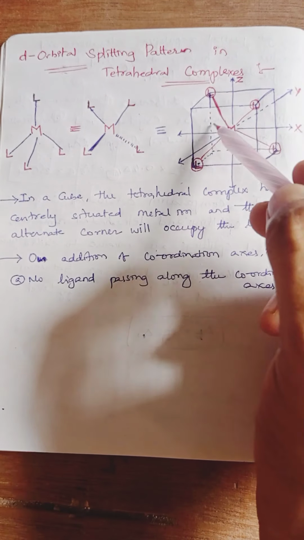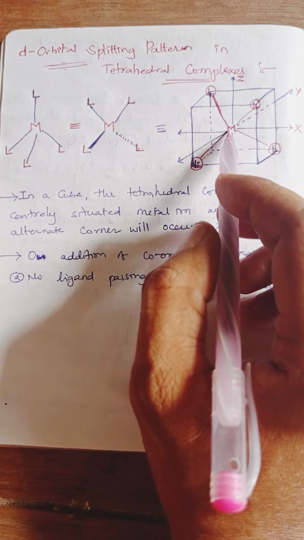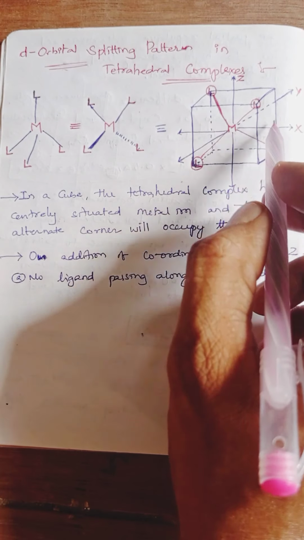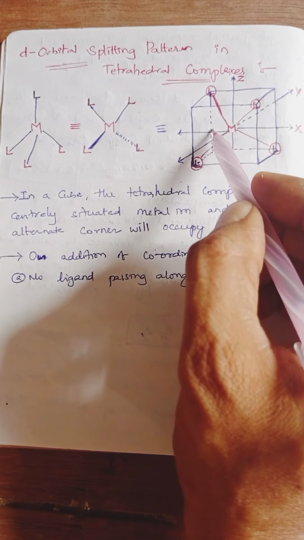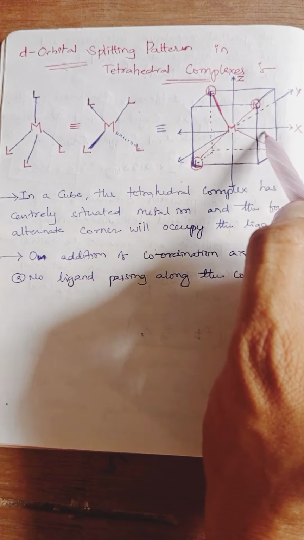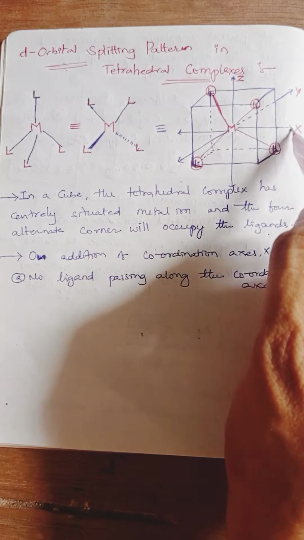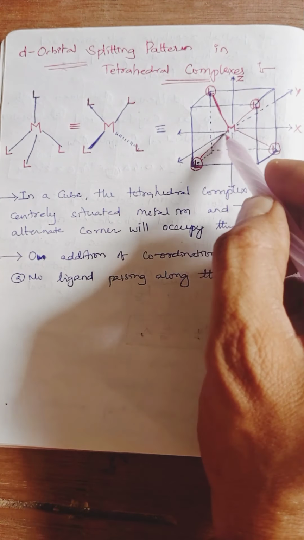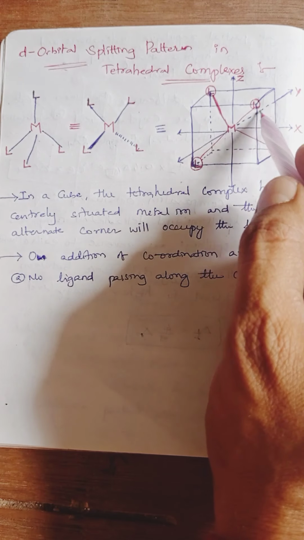When we keep all three coordination axes and look at the ligand positions with respect to all three axes, no ligand is along the coordination axis. On the x-axis there is no ligand, on the z-axis there is no ligand, on the y-axis there is no ligand, right? Is it clear or not?